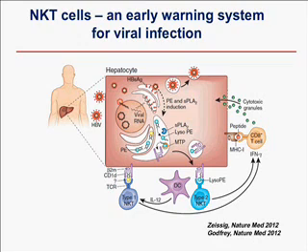What the NKT cells are actually sensing is abnormalities of the lipid milieu of the hepatocyte, in this case modeling hepatitis B virus, and responding to lysolipids and triggering a response that orchestrates the entire T and B cell response to the virus. In the absence of that, the T and B cell response to the virus doesn't occur.